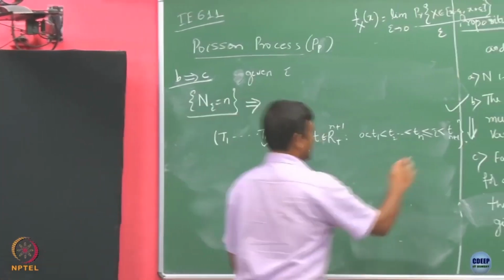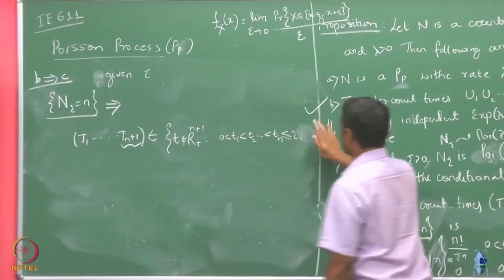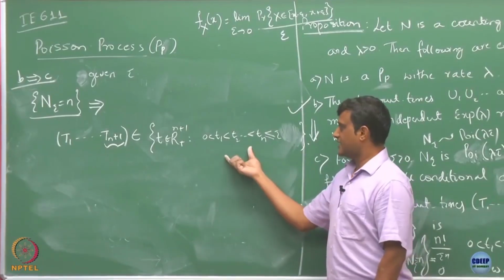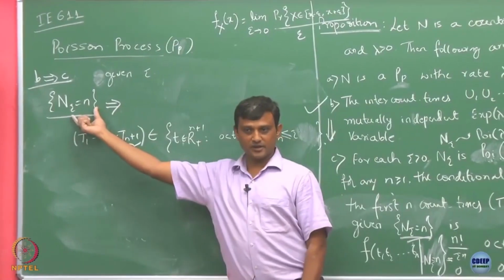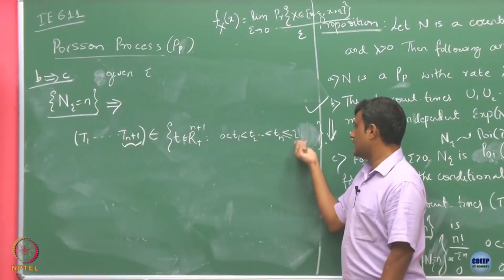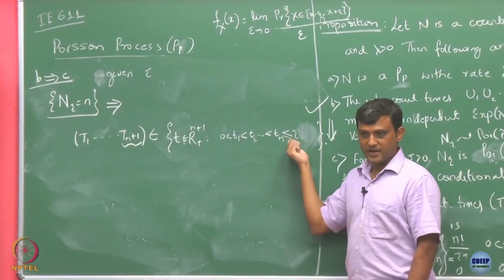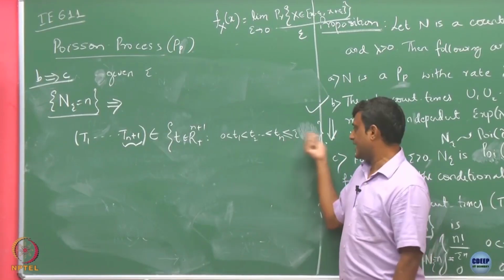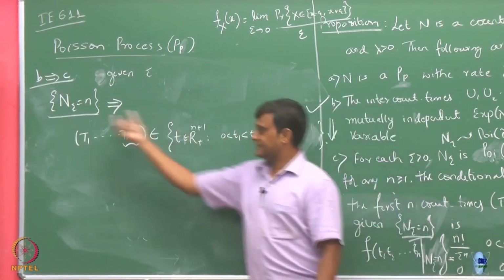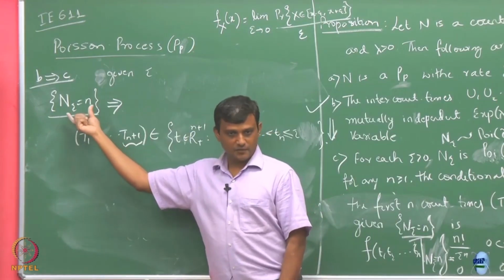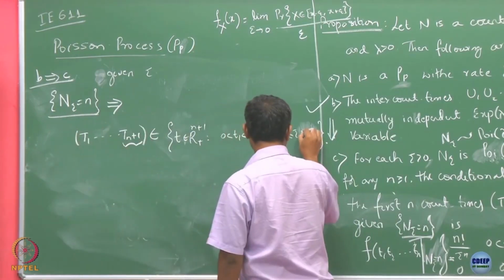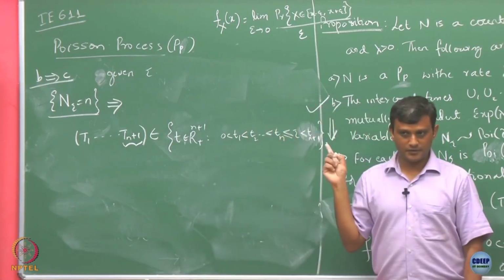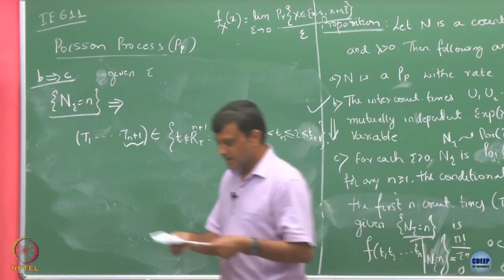Suppose I just say this and leave it like this, it is not clear that this is going to capture this, because I have not told you whether the n plus 1th count has happened before tau or not. If that has happened before tau, then this is not correct. So to make sure, I have to explicitly say that the n plus 1th count happened after tau. Okay.